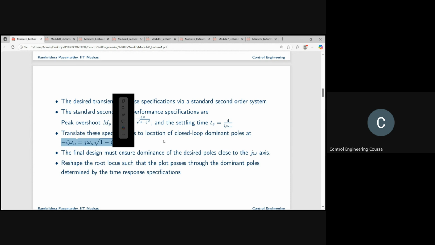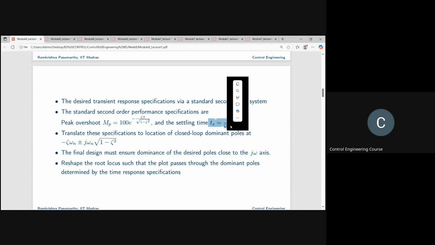Solving the characteristic equation, we saw this in the previous unit in the beginning. This you remember, right? Correct? Okay, if you don't say anything, I'll just assume you remember this. So these are the formulae for the peak overshoot and the settling time.